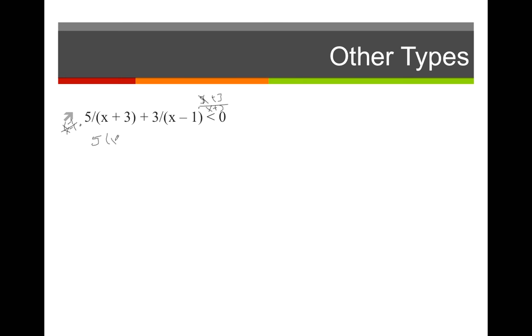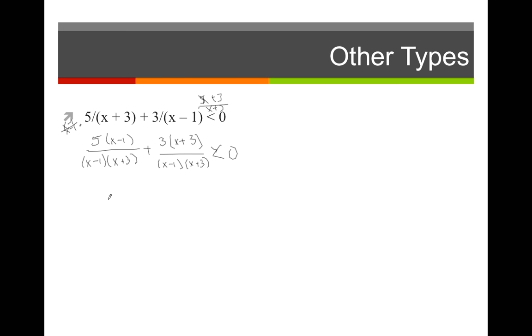So here I get 5 times x minus 1 over x minus 1 times x plus 3, plus 3 times x plus 3 over x minus 1 times x plus 3. And we're looking at less than 0. Combine like terms as I add because now I have common denominators.